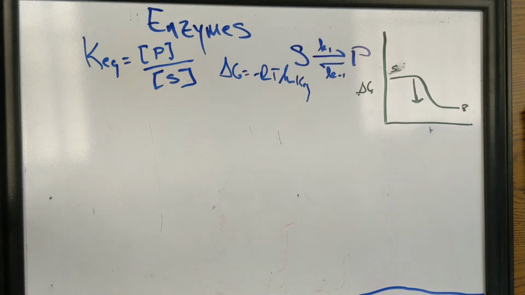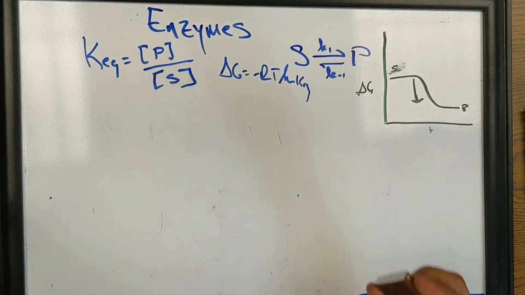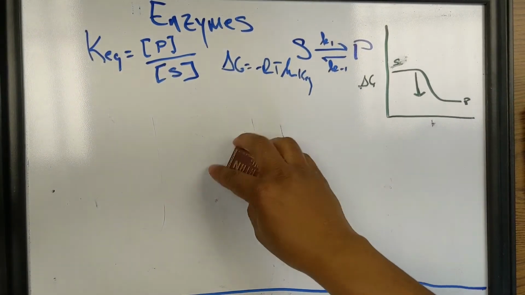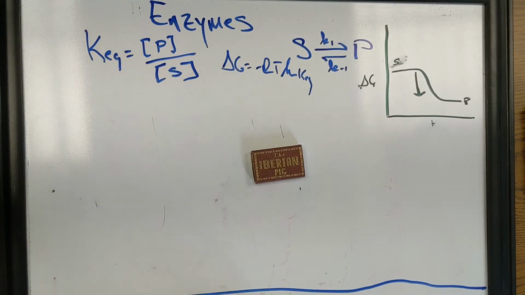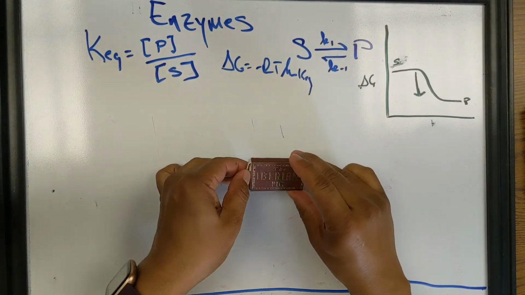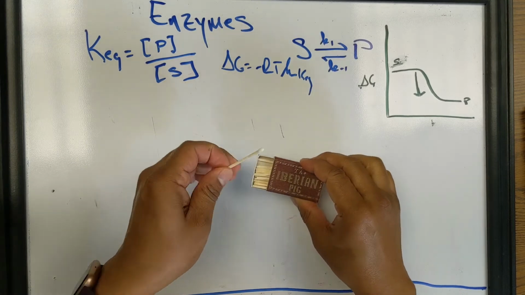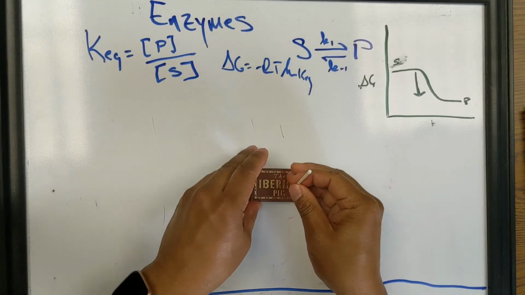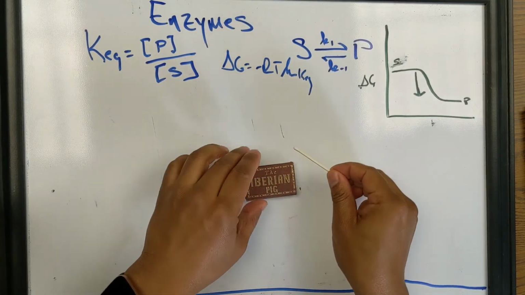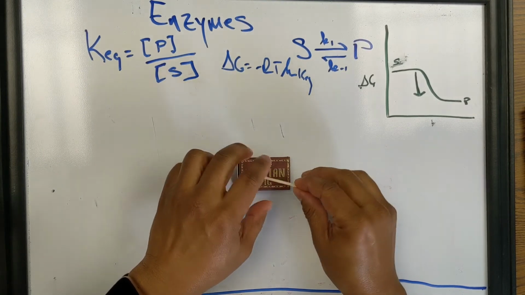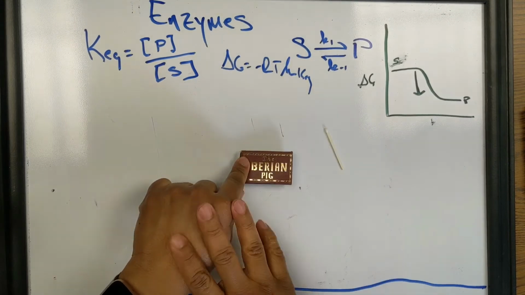And I like the example of a match. This is a matchbook from one of the best steak places in Atlanta, the Iberian Pig. And here, these matches are made of wood, and this wood is potential energy that can be used to make a fire.